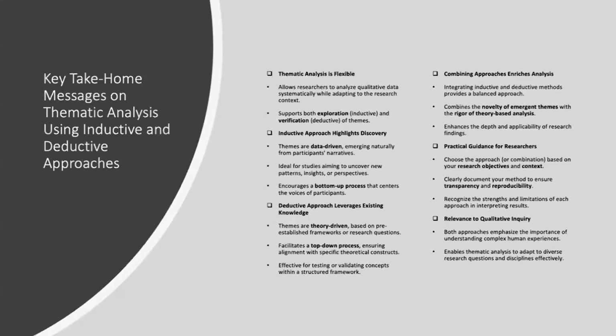It also enhances the depth and applicability of your research findings. Some guidance for using these approaches is that you should choose an approach or a combination based on your research objectives and context. Clearly document your method to ensure transparency and reproducibility. Recognize the strengths and limitations of each approach in interpreting results or findings.